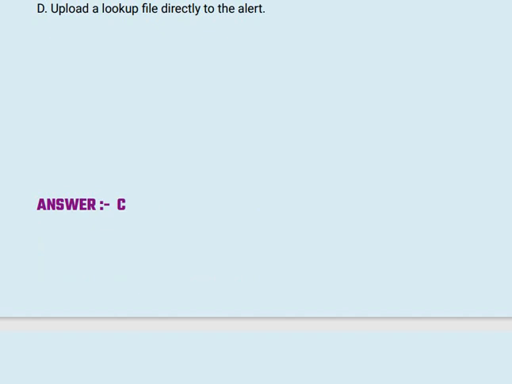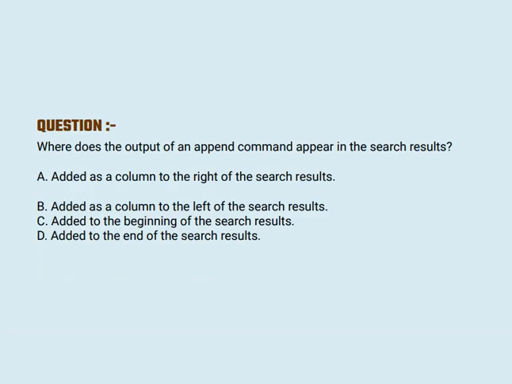Next question is, where does the output of an append command appear in the search results? Option A, added as a column to the right of the search results. Option B, added as a column to the left of the search results.